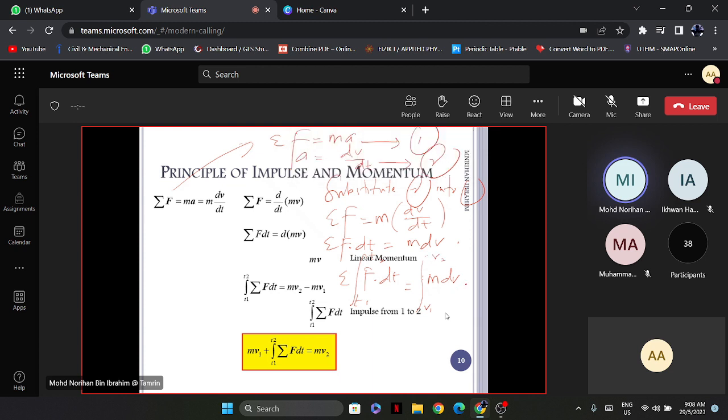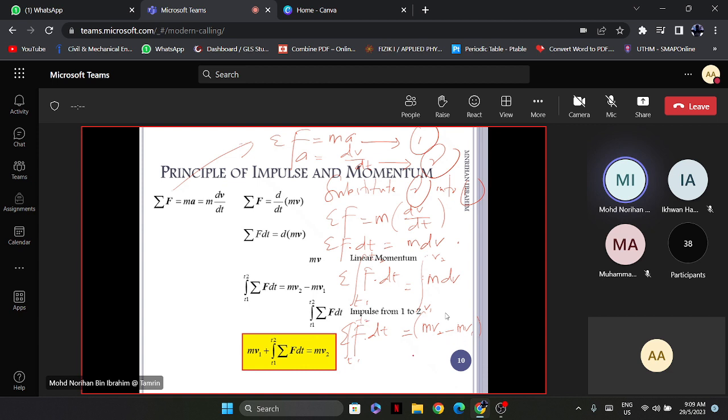If we integrate the right side, m dv, we get mv2 minus mv1 at the end. Therefore integral of F dt from t1 up to t2 is equal to mv2 minus mv1.